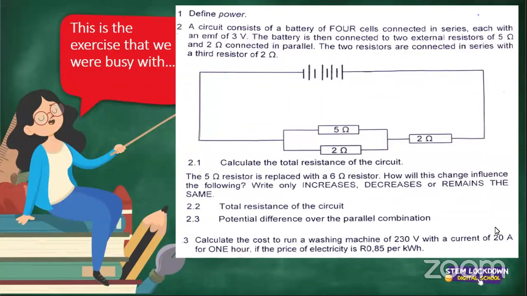Now, you were asked to define power, and then the other question was that a circuit consists of 4 cells connected in series, each with an EMF of 3 volts. The battery is then connected to 2 external resistors of 5 ohm and 2 ohm connected in parallel.